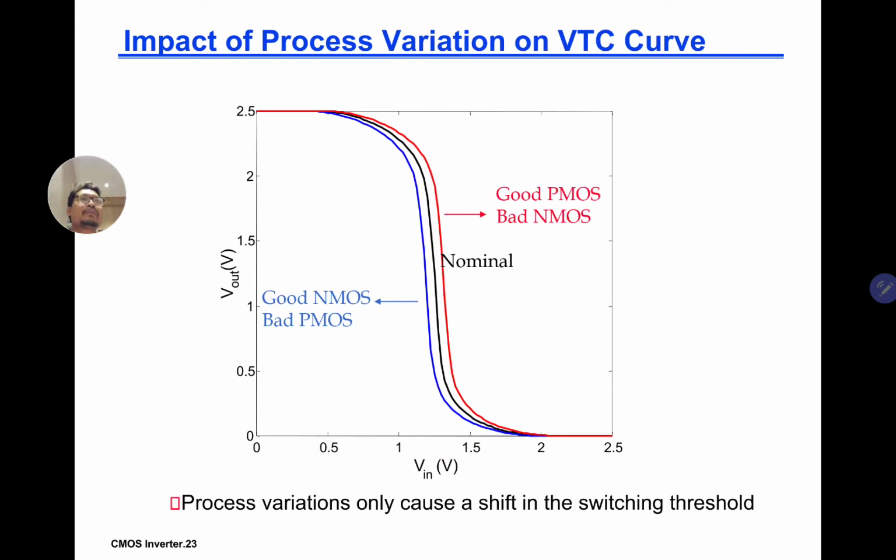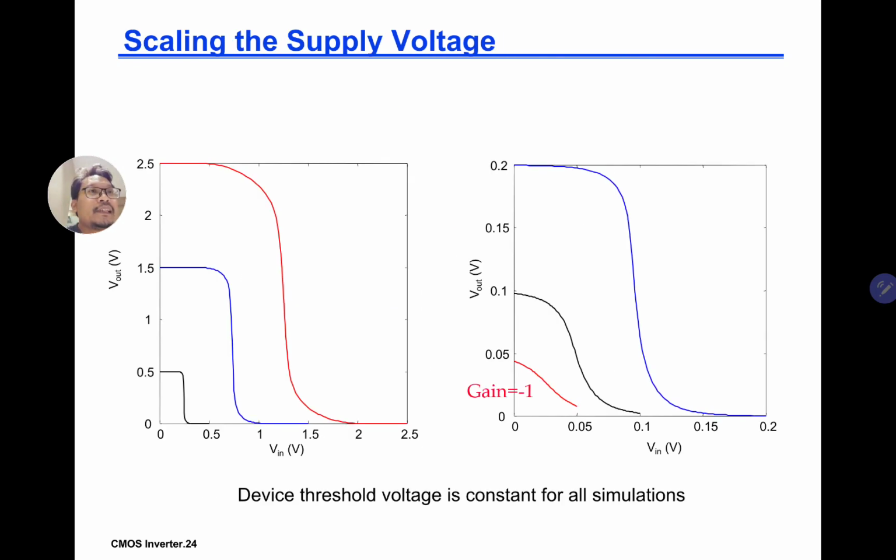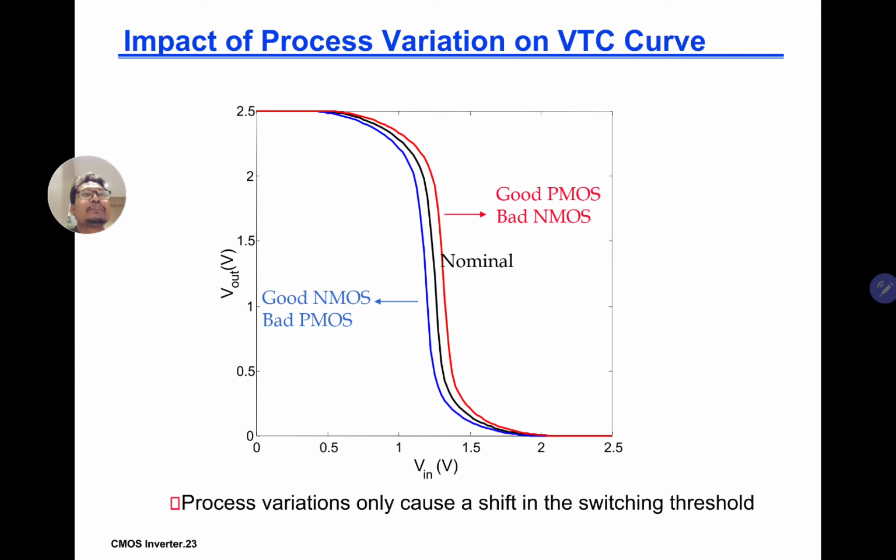Okay, the impact of process variation on the VTC curve. This one I'm going to skip, but basically when we say process variation, it's an interesting concept. You can have your device not exactly the size that you want. For example, you draw your layout, your PMOS, with W equal to 5 micron, and when you fabricate the chip, it might come out as 4.9.